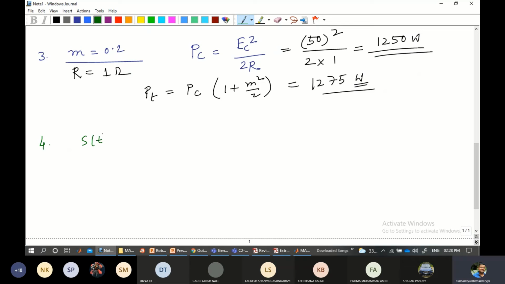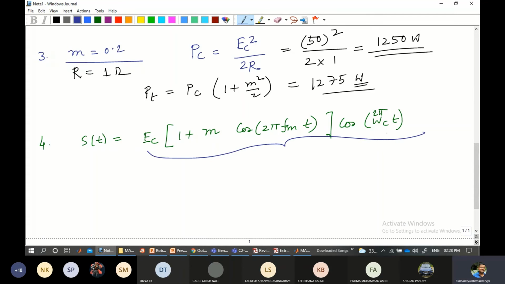If you observe this equation, s(t) equals Ec (1 plus m cos 2 pi fm t) multiplied by cos 2 pi fc t. If you remember, can anyone tell me what this is for?